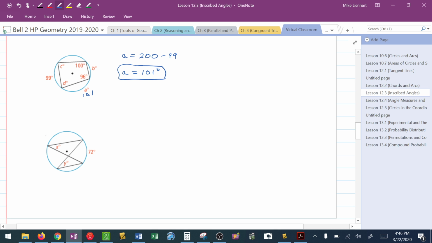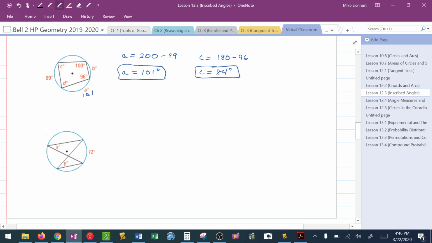I recognize that this was a quadrilateral inscribed in a circle. And if the quadrilateral is inside or inscribed in the circle, then I know that opposite angles must be supplementary. So I know that C has to be 180 minus 96, or C would be equal to 84 degrees.